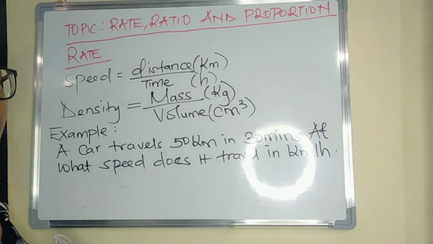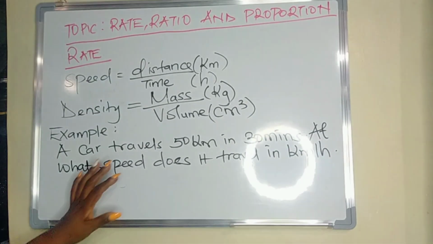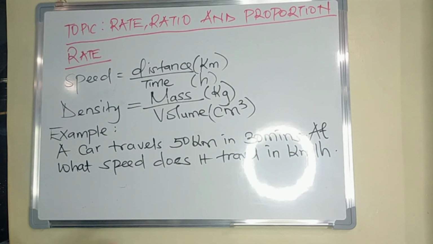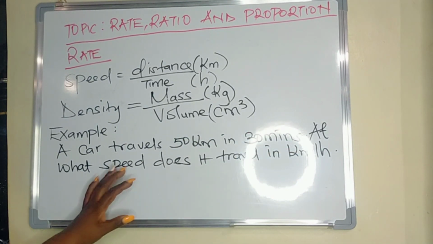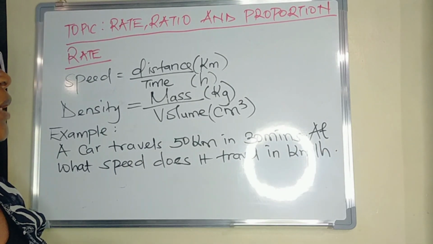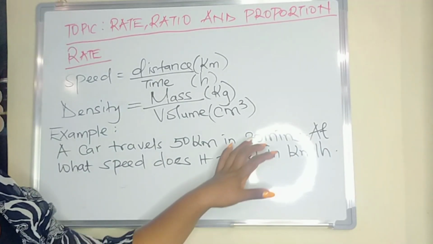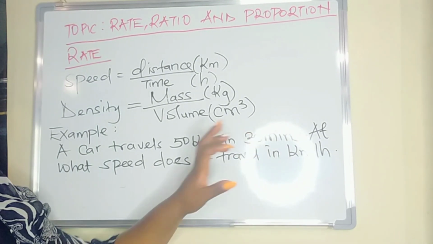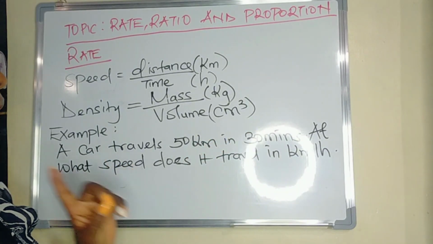Here we are given distance in kilometers and time in minutes. So, to calculate the speed in kilometers per hour, we must first change these minutes to hours. And we know 30 minutes is equivalent to half an hour.